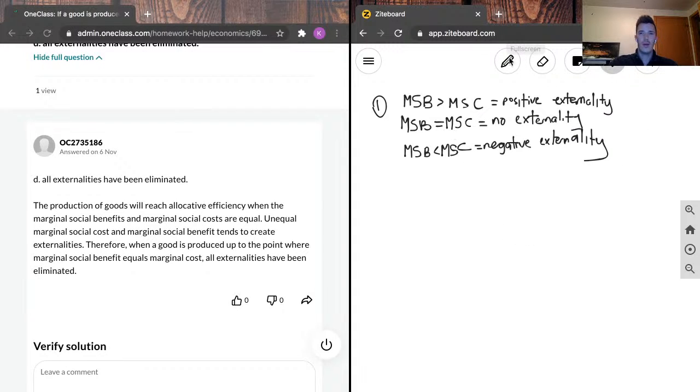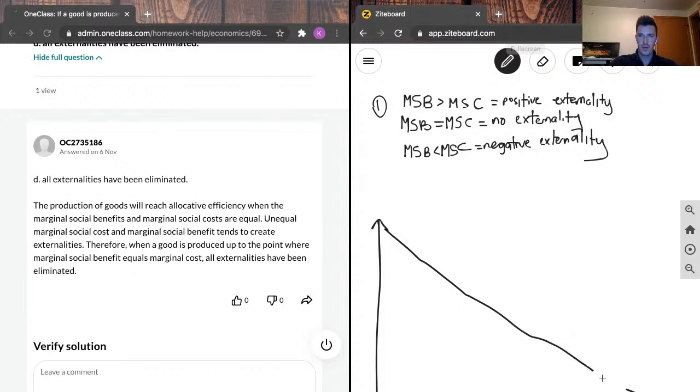I'm just going to draw from memory. I'm probably going to look it up afterwards. So we would have our demand curve. And we would have our, let me redraw that actually.